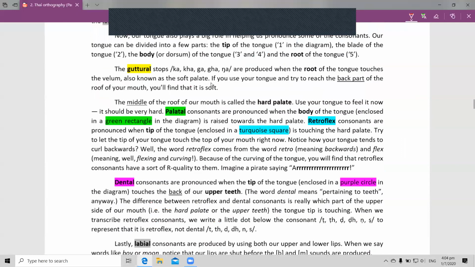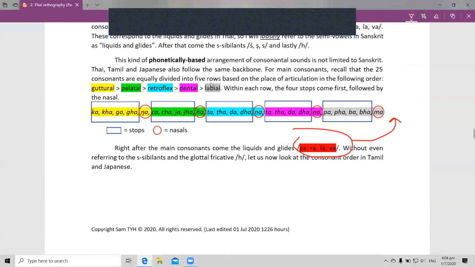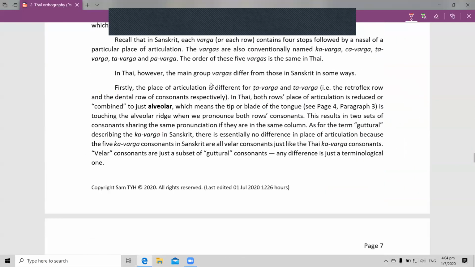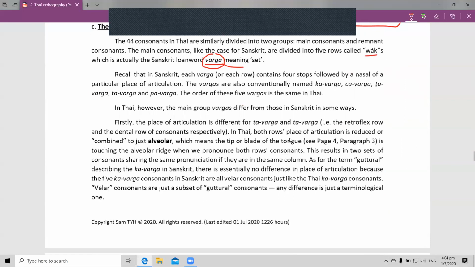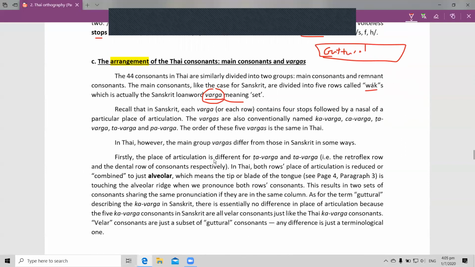All right. But there are some differences. In Sanskrit, you have 4 stops and a nasal, 4 stops and a nasal, right? What about in Thai? Let's see. The first difference is the place of articulation. In Sanskrit, you have the gutturals, the palatals, the retroflexes, the dentals, and the labials, right?